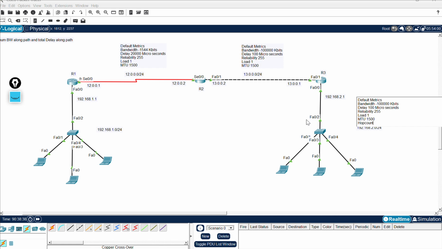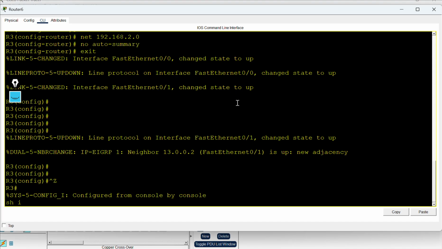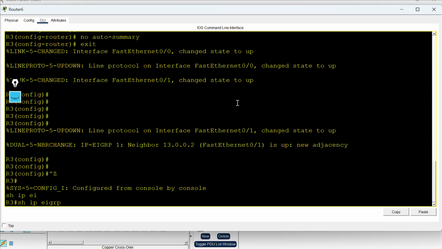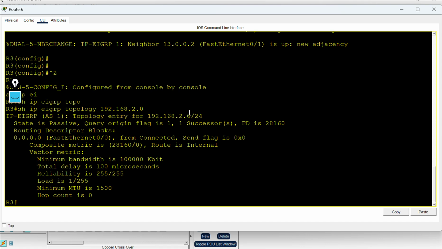Hop count is 0. I will show you these metrics in the topology table. Show ip eigrp topology. 192.168.2.0, see, it is a directly connected network. It is learned from connected; the neighbor is 0.0.0.0, our own local network.